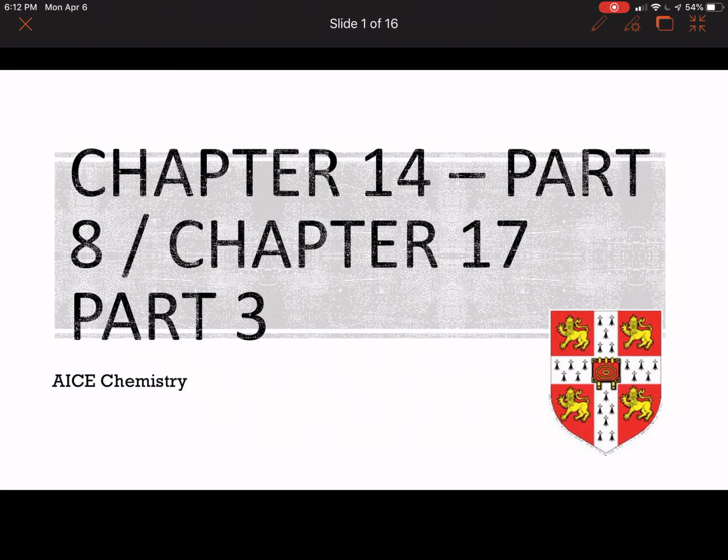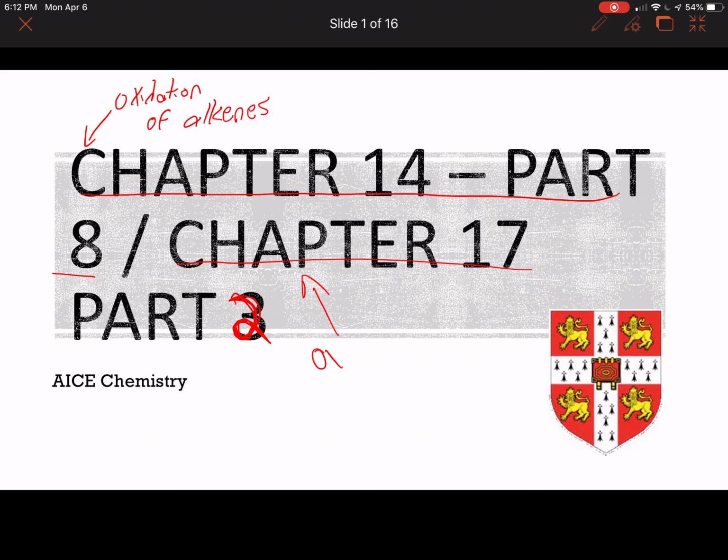So what you'll notice is chapter 14 part 8 and chapter 17 part 2, because I'd actually combined the first 2 parts together. So for you, this is part 2 of chapter 17 and the last part of chapter 14. So you can find oxidation of alkenes in chapter 14, and you'll find oxidation of alcohols in chapter 17 in your textbook.